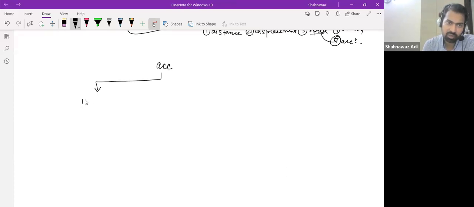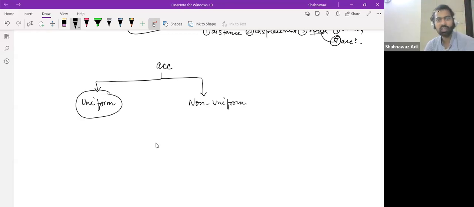One was the uniform one, and the other one is the non-uniform. Now in the case of the uniform one, we will talk about the equations related to uniform accelerated motion.